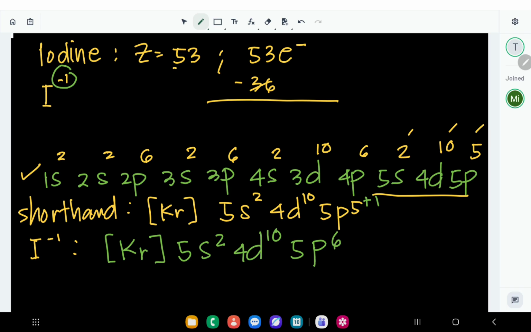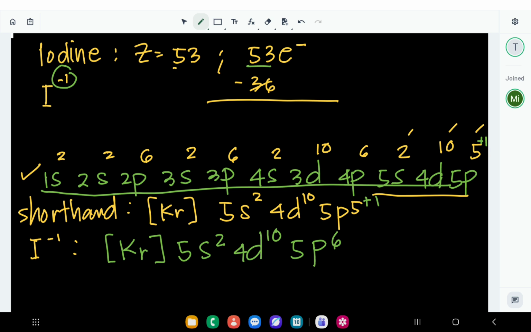And now for the question, why is the noble gas symbol xenon correct? Because if we add 1 electron to the electrons of iodine, the original number of electrons of iodine is 53, and we add 1, it will become 54.